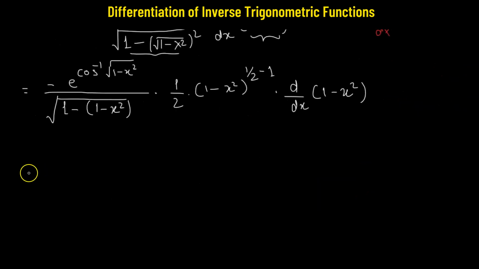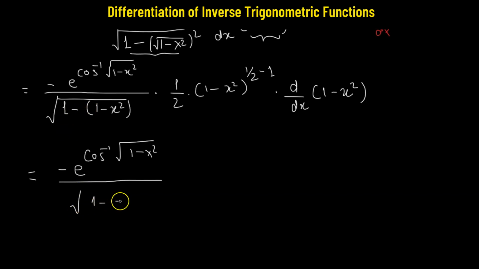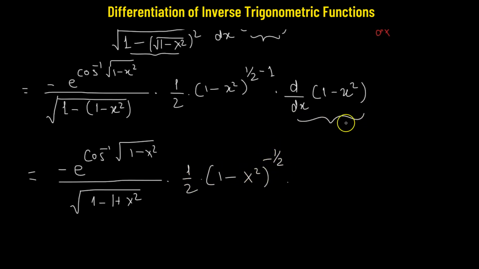So we have negative e raised to the power of cosine inverse square root of 1 minus x squared divided by, in the denominator, square root of 1 minus, so this will become 1 minus 1 plus x squared, times half times 1 minus x squared whole raised to the power of half minus 1, so that's negative half, and this is a simple derivative.